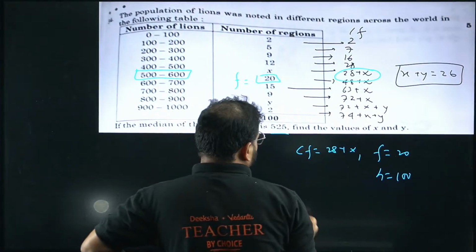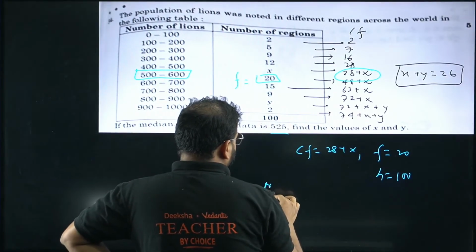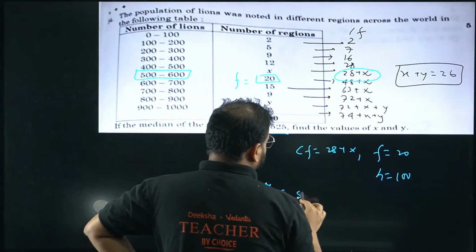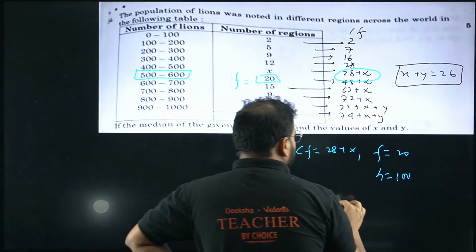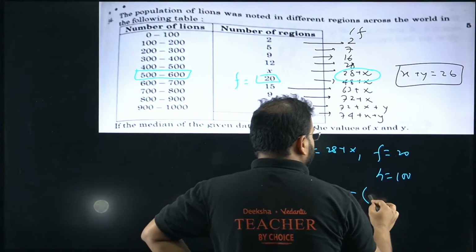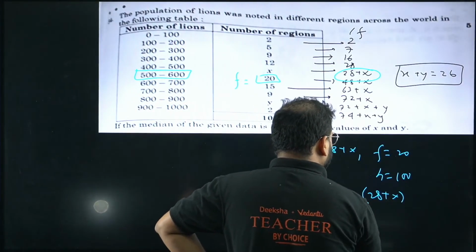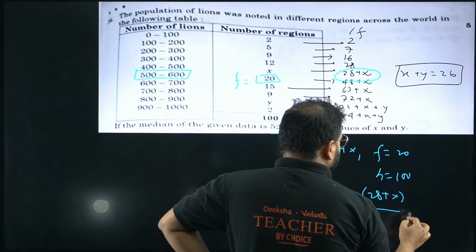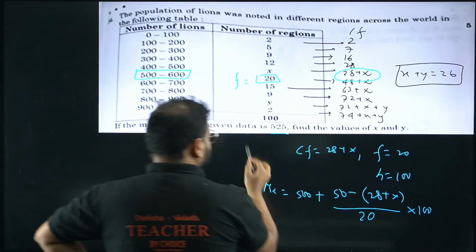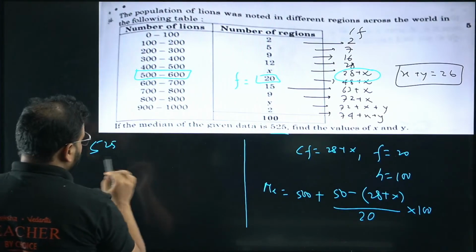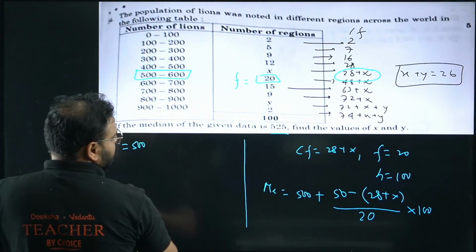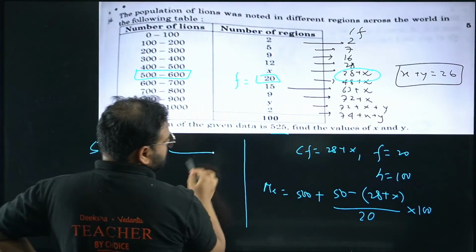L value is 500. So the median will become equal to 500 plus n by 2. So 100 by 2 will become 50. 50 minus CF, which is 28 plus x, divided by 20, the f value, into 100. I get this as 525 equals 500 plus, how much is this?